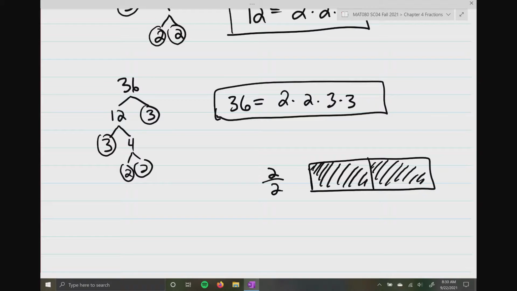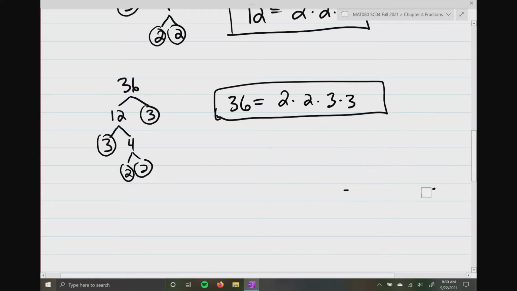So now you may be sitting there asking yourself, how is he going to relate this prime factorization to fractions? Here's how. If I gave you the fraction 12 over 36 and asked you to simplify it, there are many ways to do this. Some of us may be sitting there going, well, they're both even, divide them by 2.